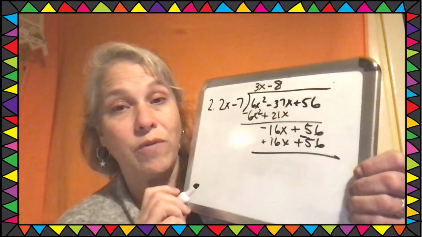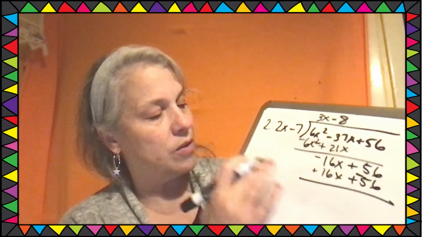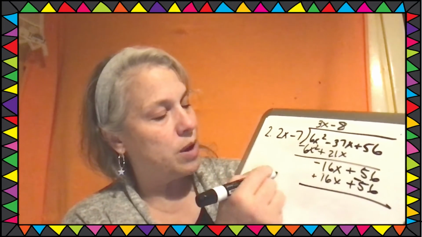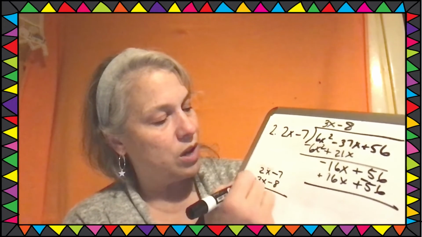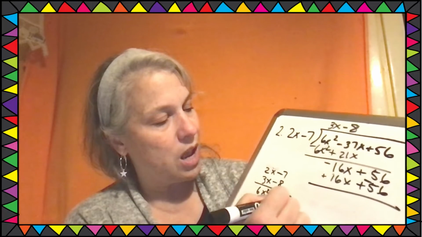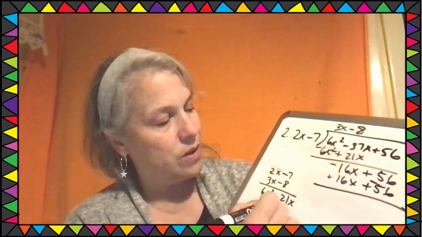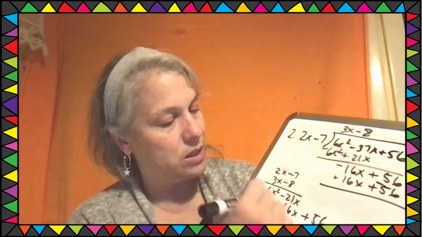So the next thing you have to do is the check. So 2x minus 7 times 3x minus 8. So 3x, so that'd be 6x squared minus 21x negative 16x plus 56.